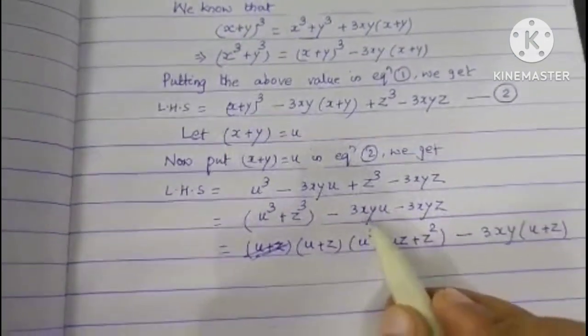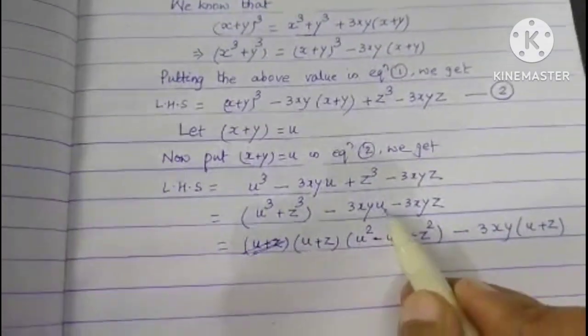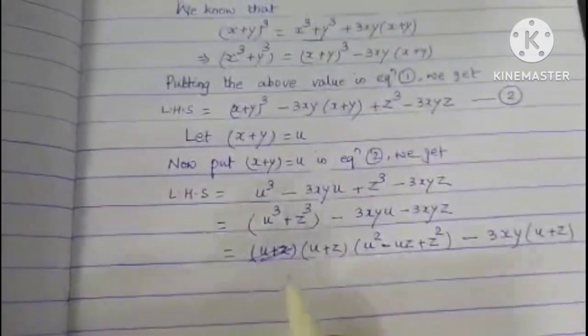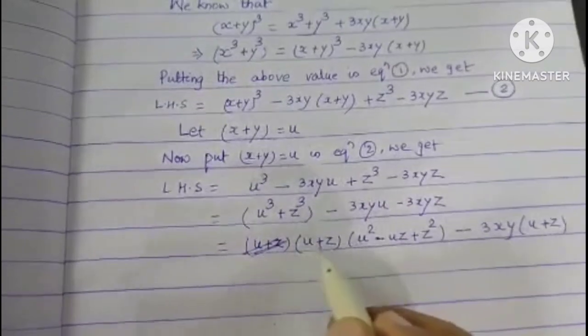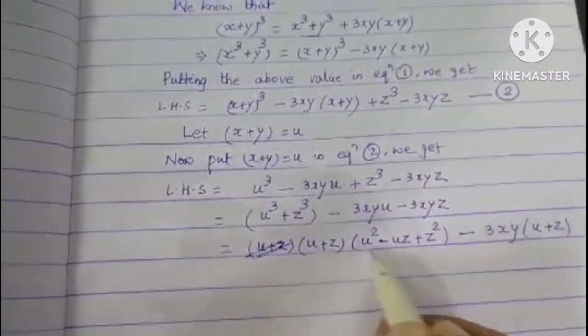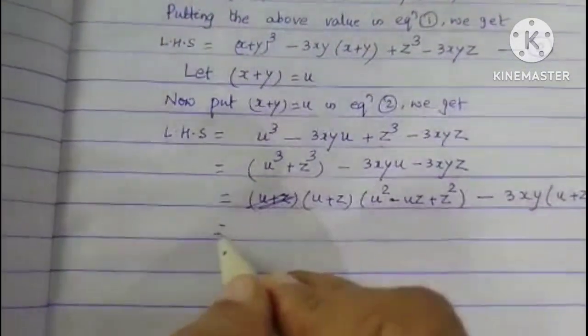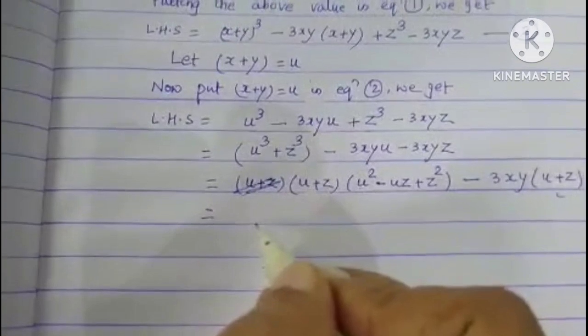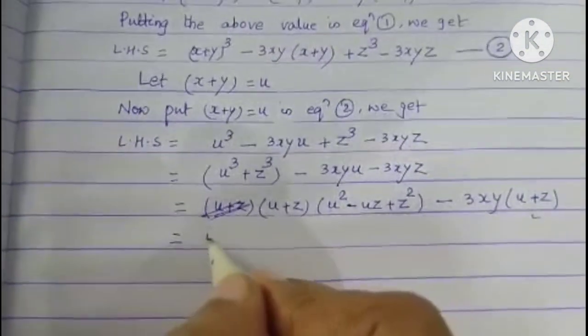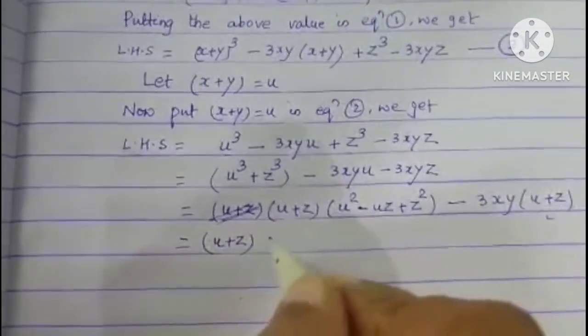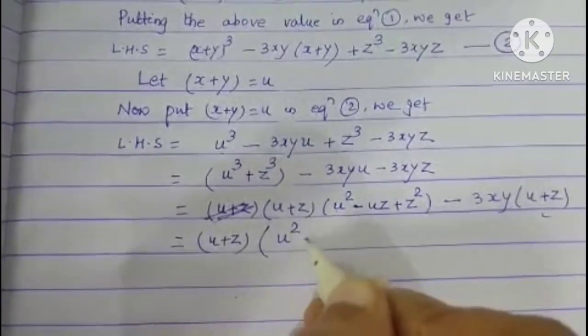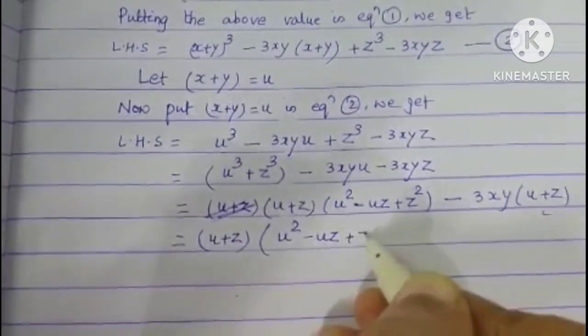Minus 3xy is common, minus 3xy into u plus z. This u cube plus z cube is factorized as u plus z into u square minus uz plus z square. Now let us take u plus z common, and we will have u square minus uz plus z square minus 3xy.